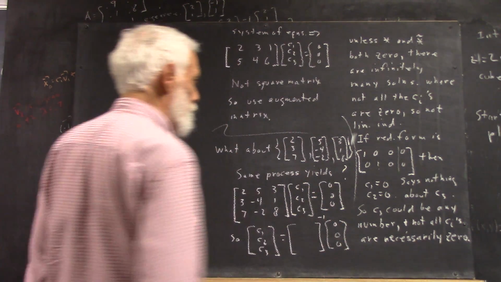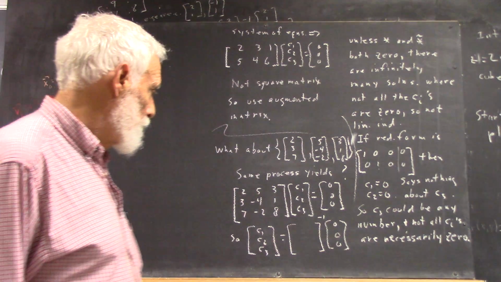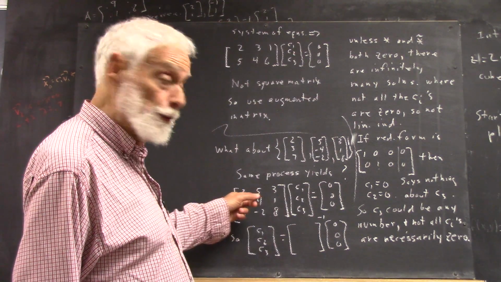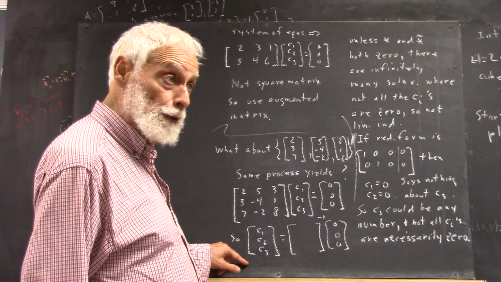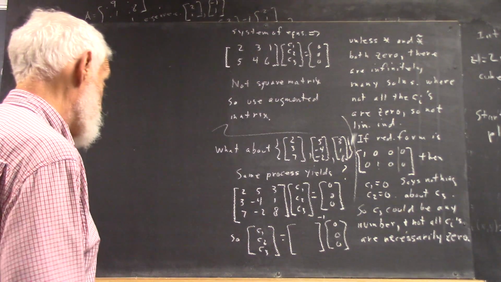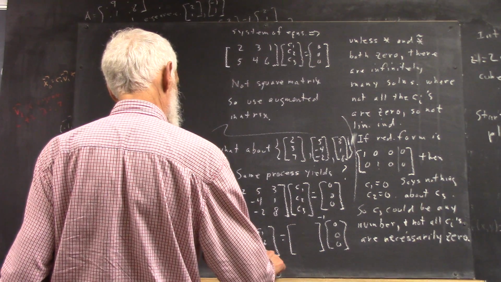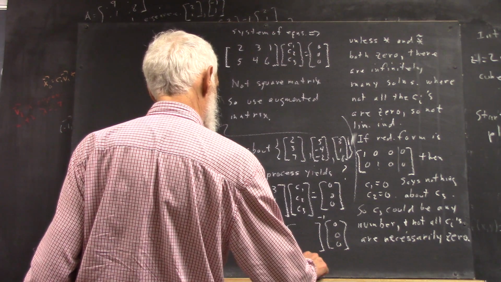Well, you don't actually have to invert the matrix to see that if you can invert the matrix, which is not guaranteed, then you're going to get 0, 0, 0, right? So this works if the matrix is invertible.